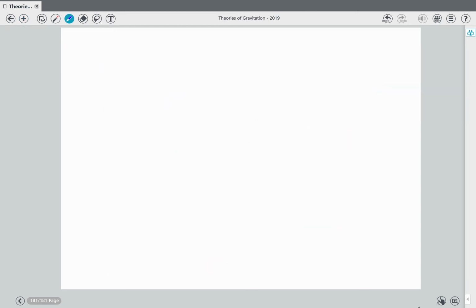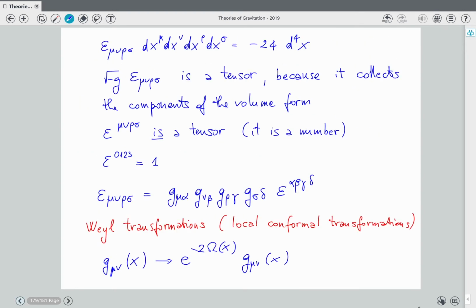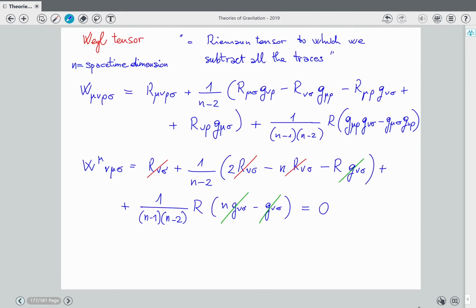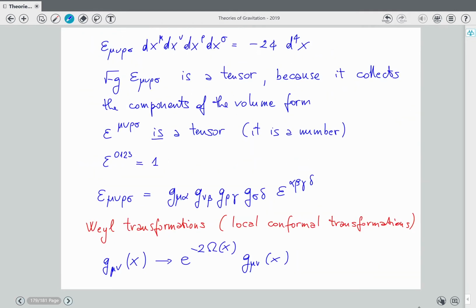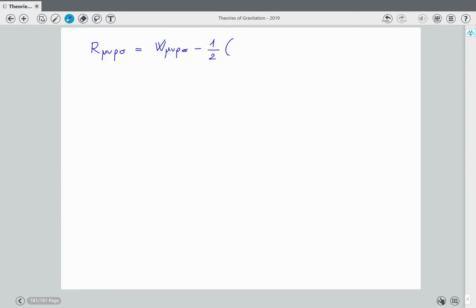So Riemann is equal to Weil minus 1/2 R mu sigma G nu rho minus R nu sigma G mu rho minus R mu rho G nu sigma plus R nu rho G mu sigma.